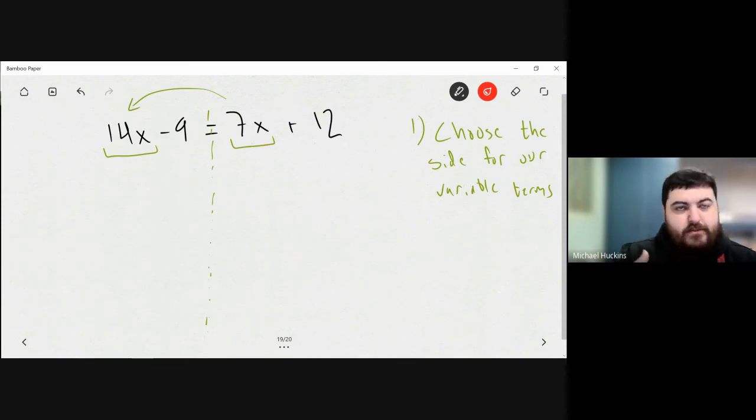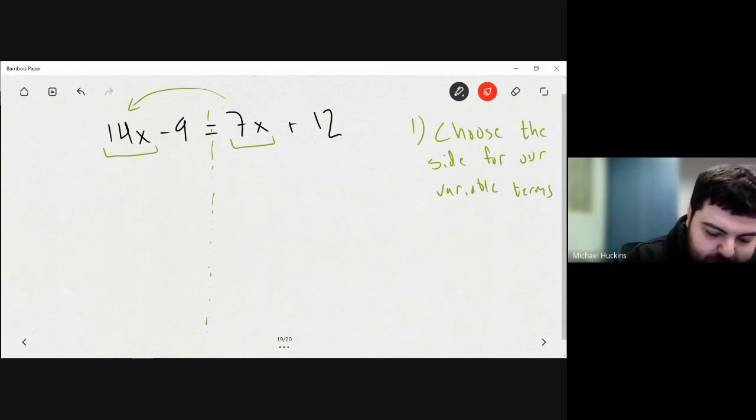The way I would effectively remove it from one side of the equation would be to subtract it. If this was a negative term, I would have to move it by setting this up as an addition. So I'm going to take this 7x and I'm going to subtract it from both sides of the equation.